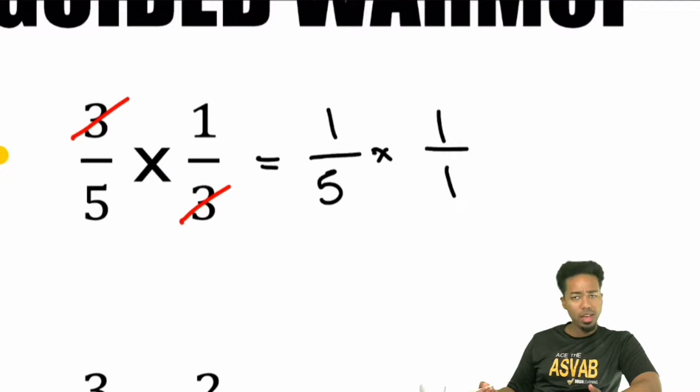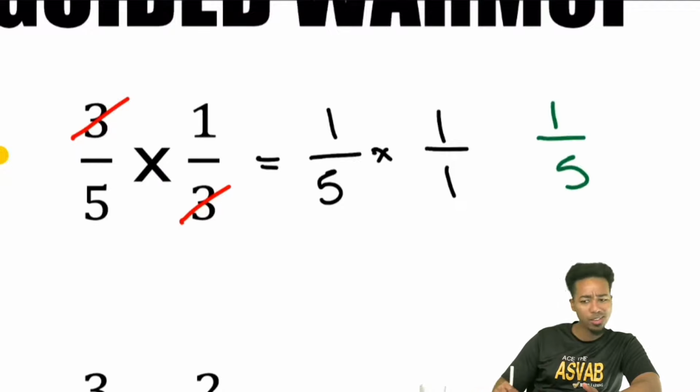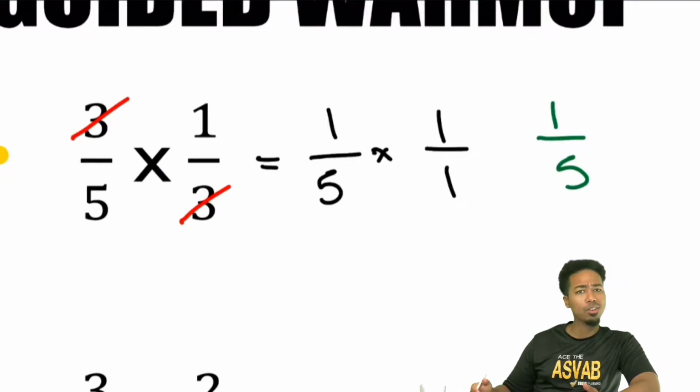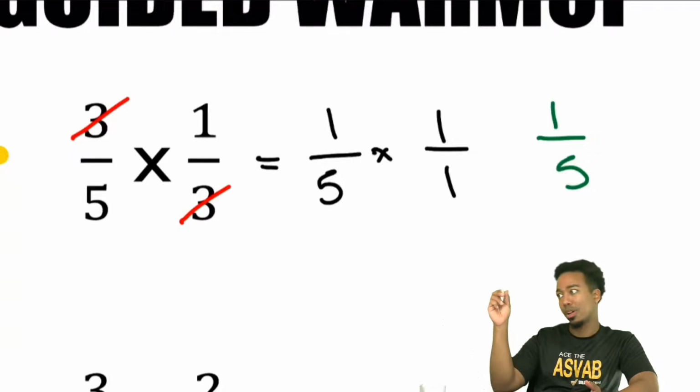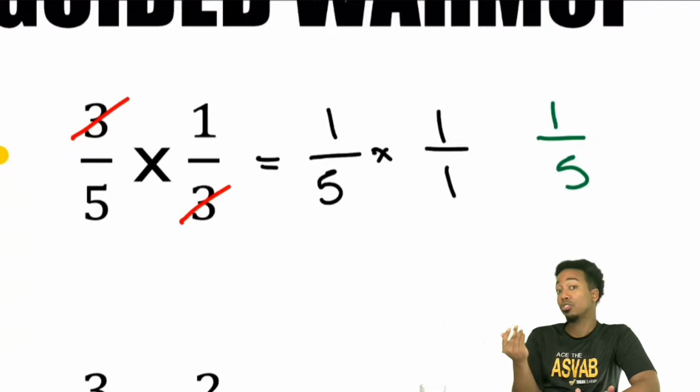And if I'm multiplying by 1, the answer is just going to be 1 over 5. There's no need to figure out how many times 3 goes into 15 if you did it the regular way. Given how easy that was, you could have done it either way.